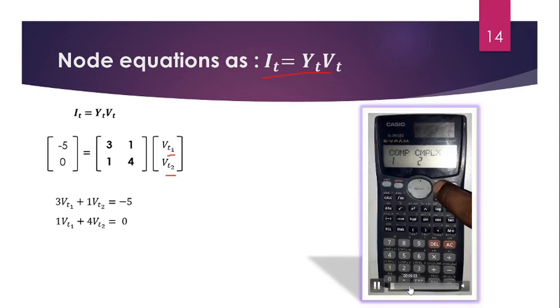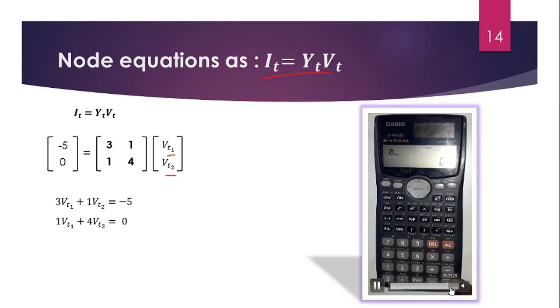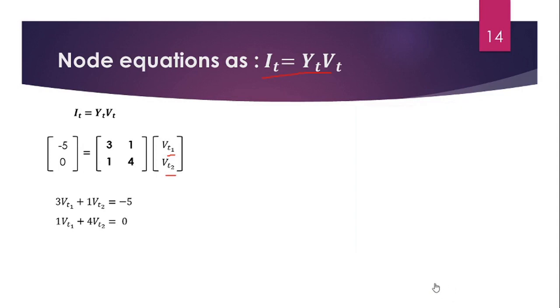So here we may find a2 is 1, b2 is 4, and if c2 is 0, so we find the vt1 is minus 1.818 and vt2 is minus 0.45.